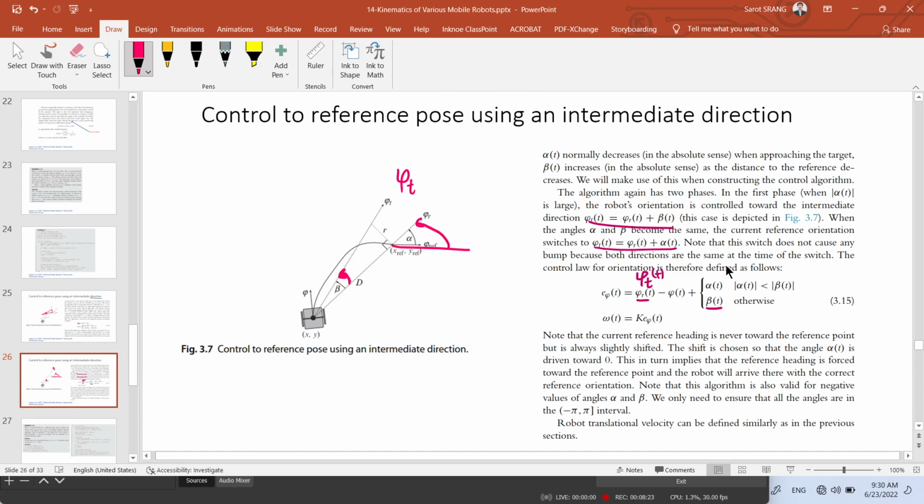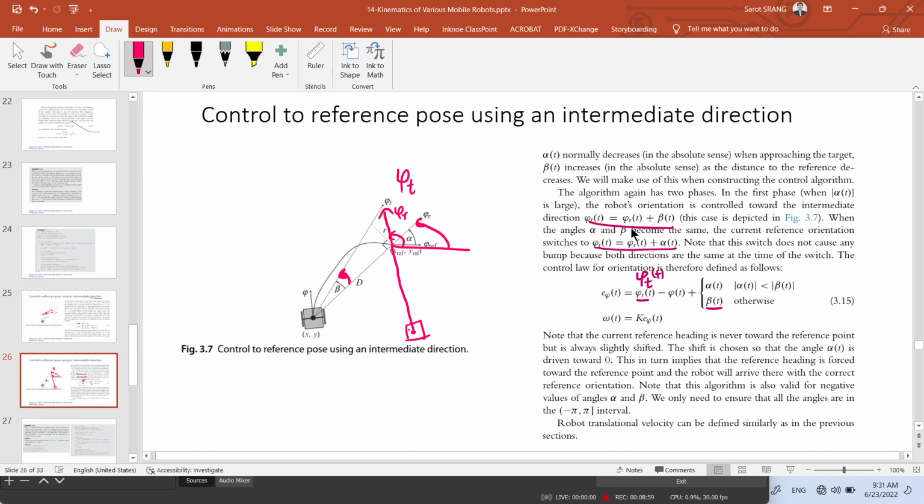Initially alpha can be very large. For example, if the robot is here, we can construct a line from the instantaneous location to the goal, and then phi r is here. So alpha initially can be very large, larger than beta.